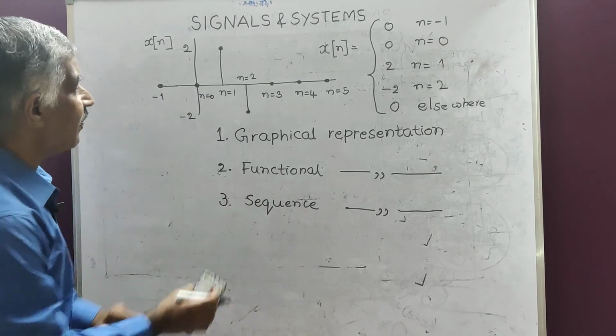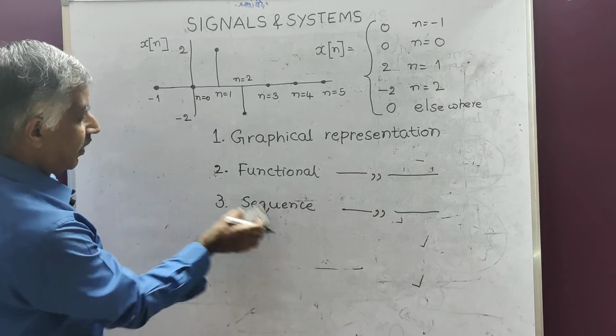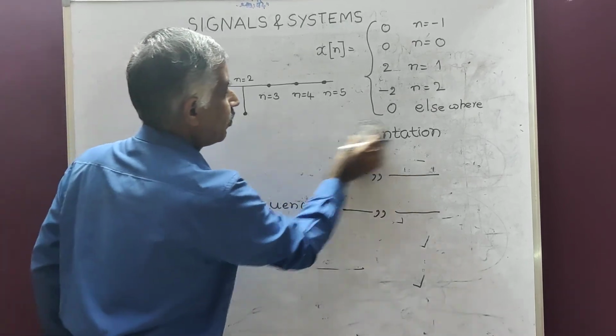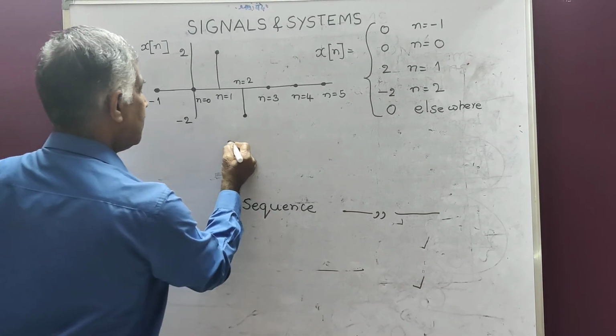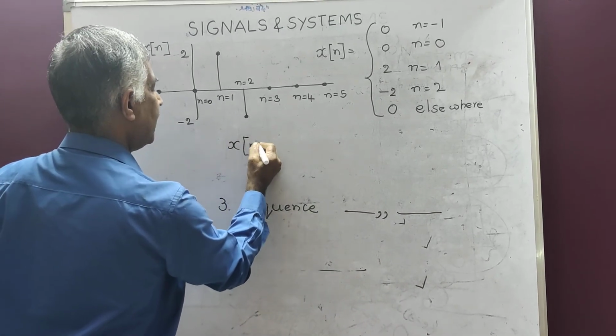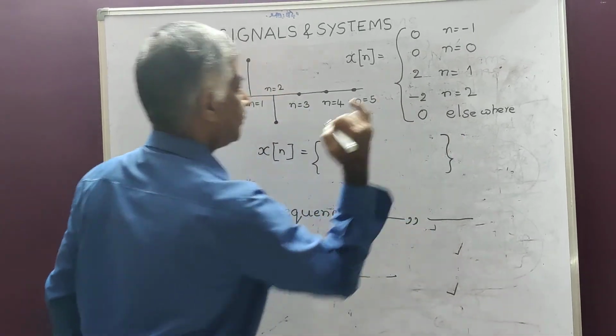Last case, sequence representation. This is also an equally popular representation. In sequence representation, we represent it like this. Use a flower bracket.